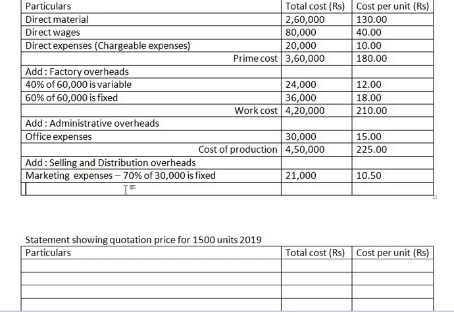Okay, 30% of 30,000 is variable, right? So that is 9,000, divided by 2,000 is 4.50.